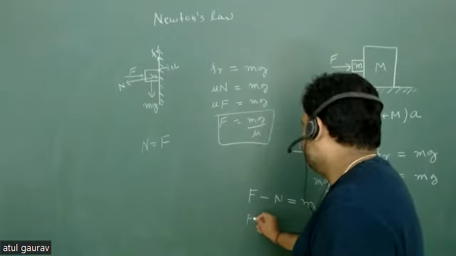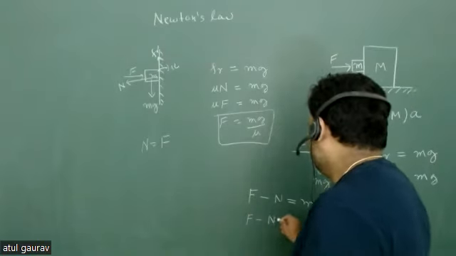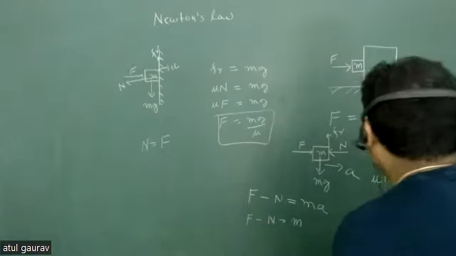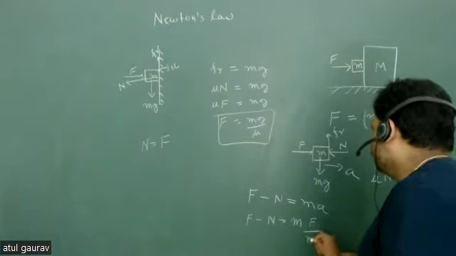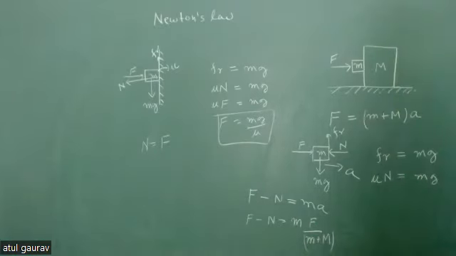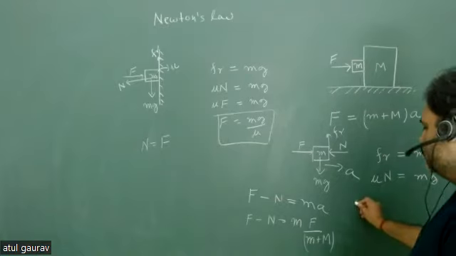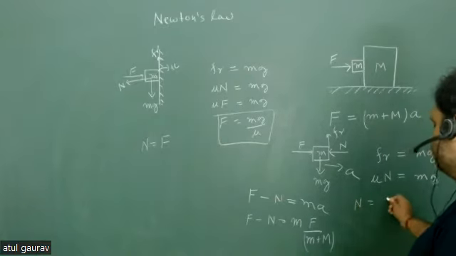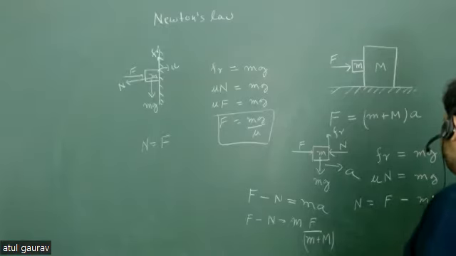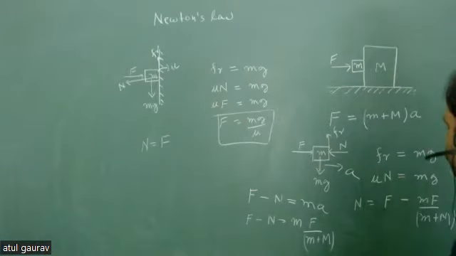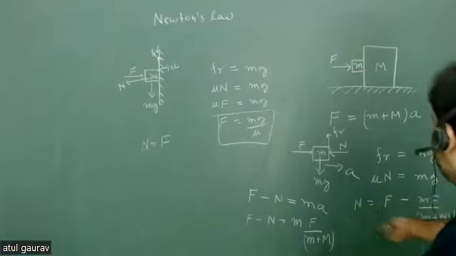So F minus N must be m into a, and this a is nothing but F upon (m plus capital M). Now the normal force is given by F minus m F by (m plus capital M). This is my normal force. And now we will put this equation here.